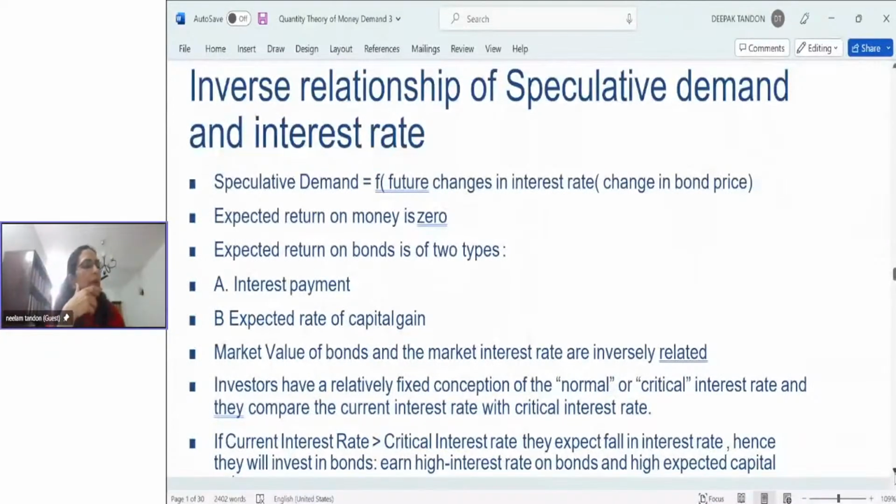Anyone in the class aware about it? What happened? I don't think you people are reading. So what is the relationship between bond price and interest rates? Yes, inverse, Ritika is saying inverse. Why is it inverse, Ritika? Bond price and interest rate.